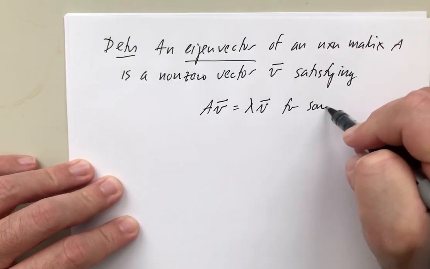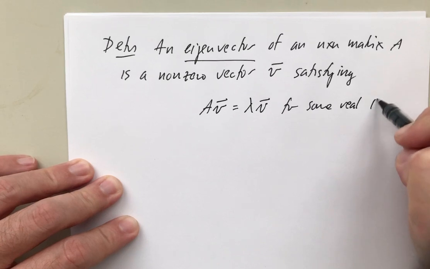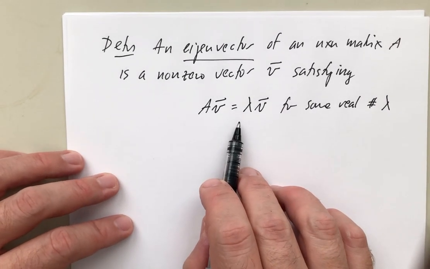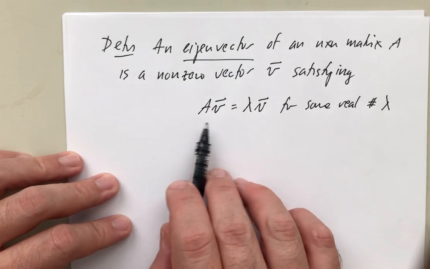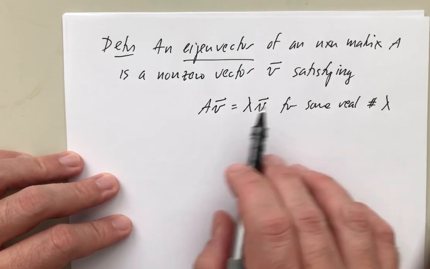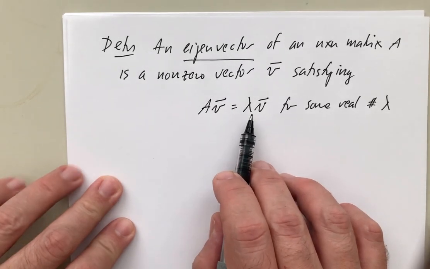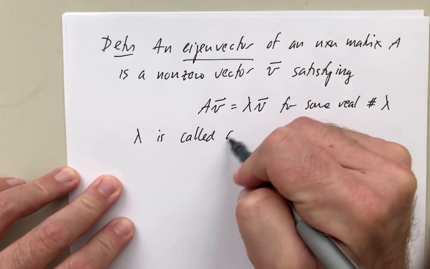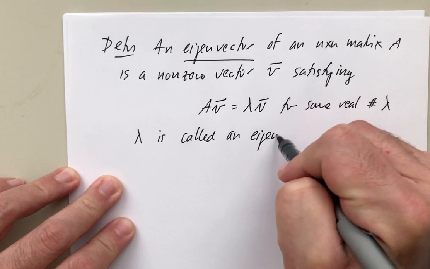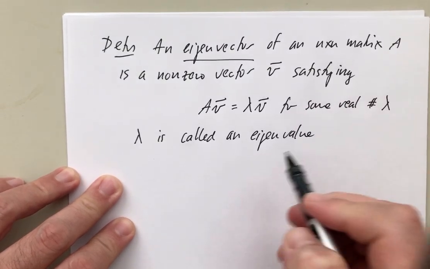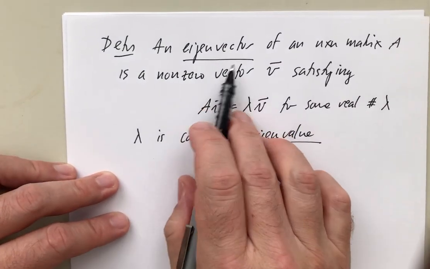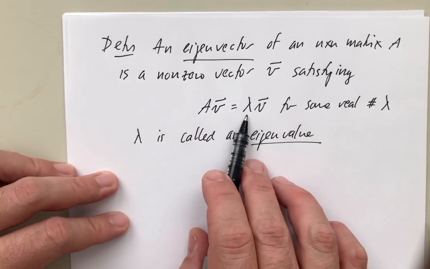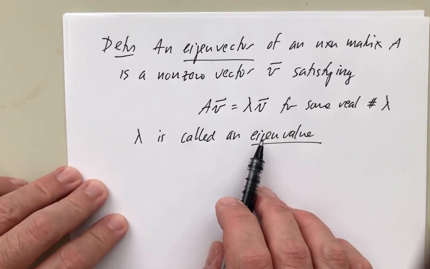So for some real number, and this is the lambda that we usually use, by tradition, the Greek letter lowercase lambda: you started with a vector, multiplied it by A, and what you got was just a multiple of that vector. Lambda is called an eigenvalue. So the eigenvector is the vector where this happens, and the stretching factor you get is called the eigenvalue.